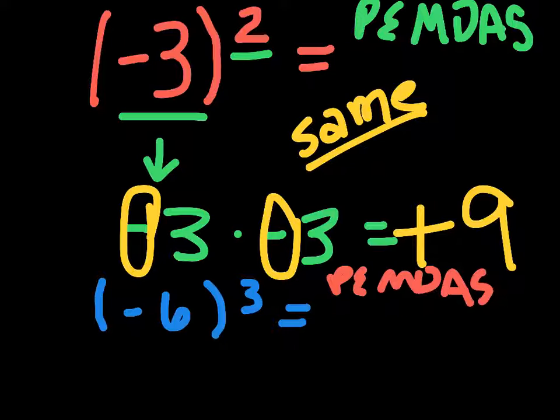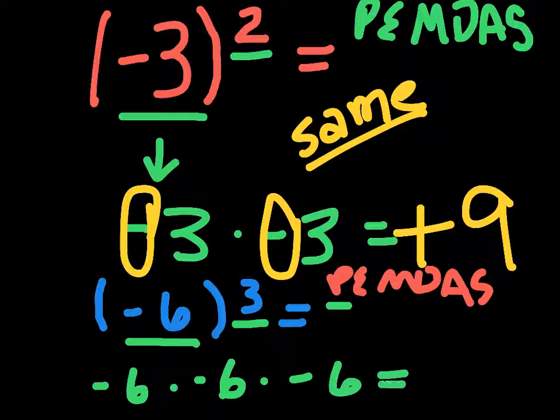Right, you got your answer, so let's go ahead and check. Okay? So we have parentheses first. We're going to take this number and bring it down, so now it becomes -6. And because it's the 3 times, it's -6 times -6 times -6 equals, okay?